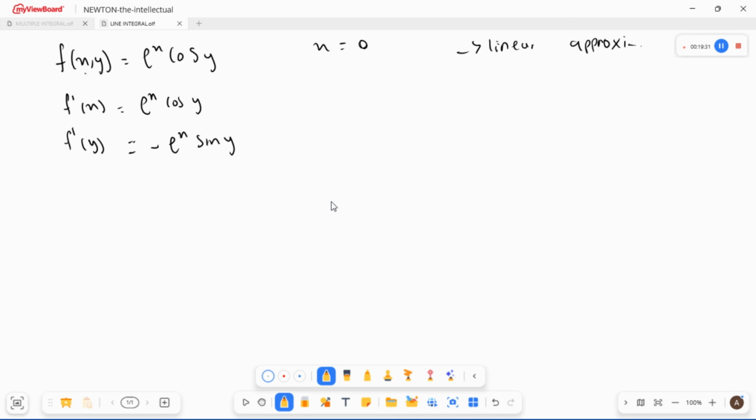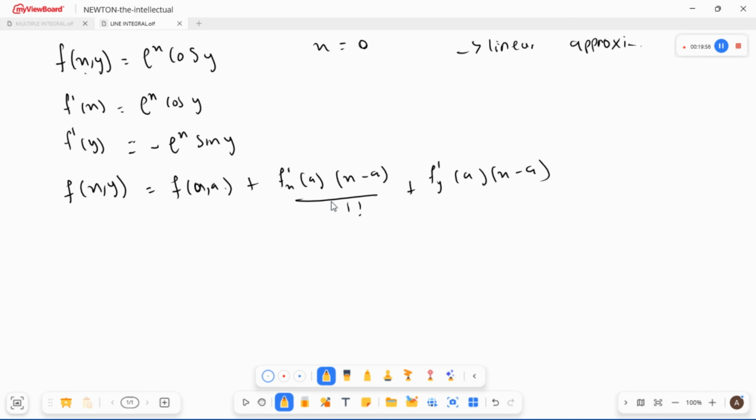Now, let's write our formula. Our f of x, y is going to be equal to f of a, a, plus f prime x of a times x minus a over 1 factorial, plus f prime y of a times y minus a over 1 factorial.